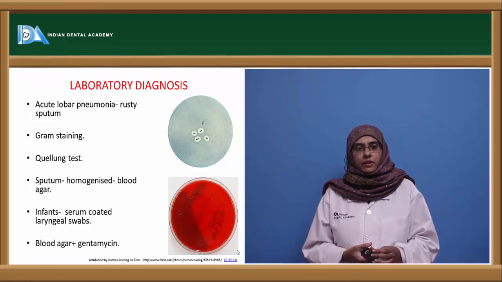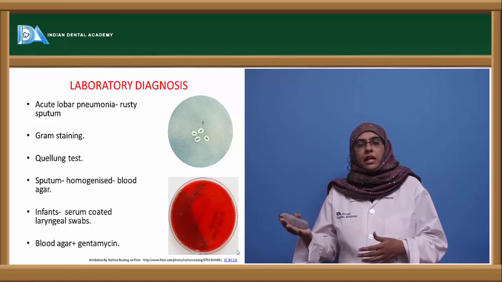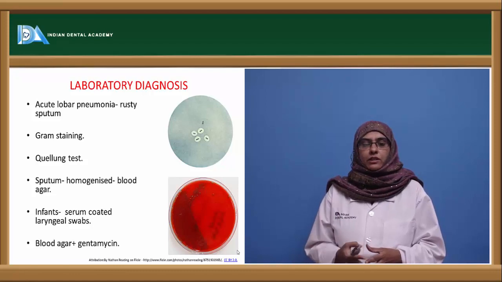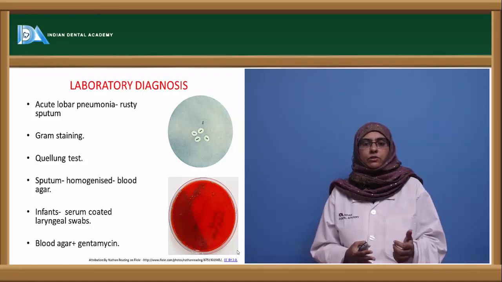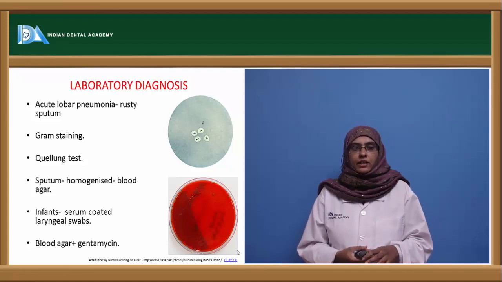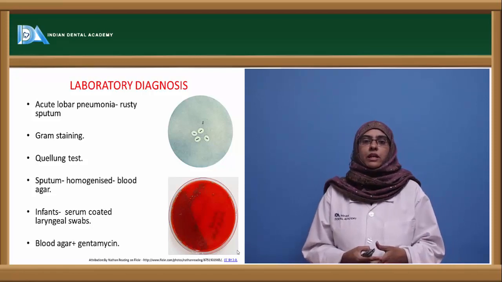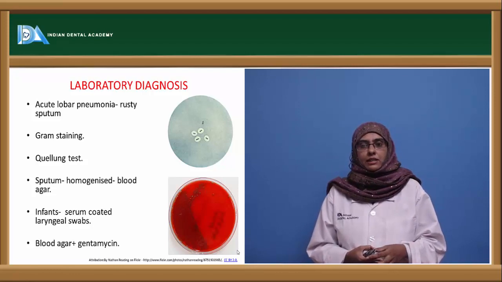And when the sputum is collected, it has to be properly homogenized and then inoculated onto the blood media or the blood agar. Incubation for 24 hours is done with 5 to 10% carbon dioxide, so as to enhance the growth of this organism. And in infants who cannot give the sputum voluntarily, you can go with the laryngeal swabs that have been coated with the antibody.